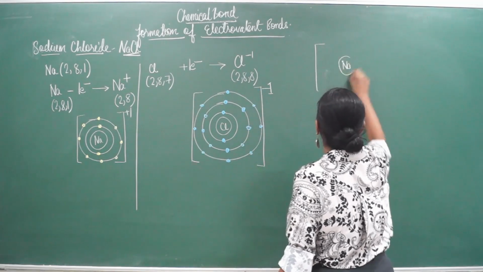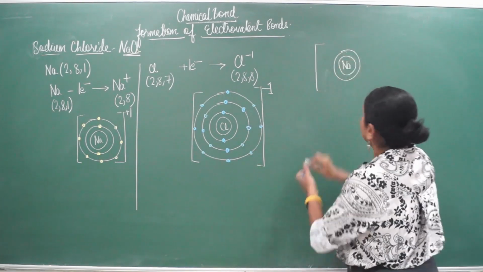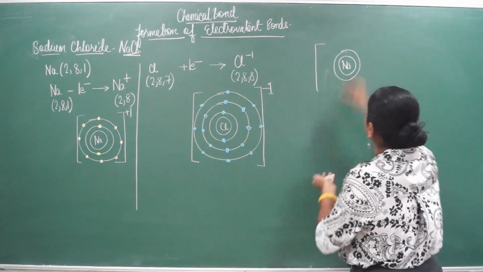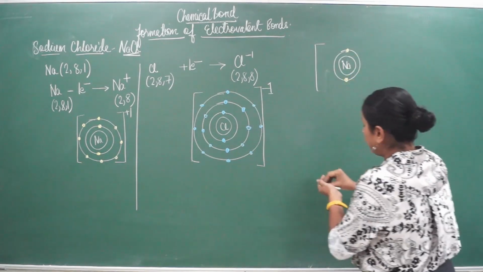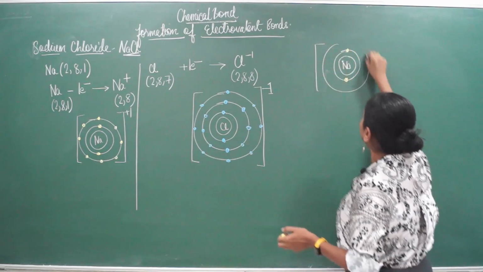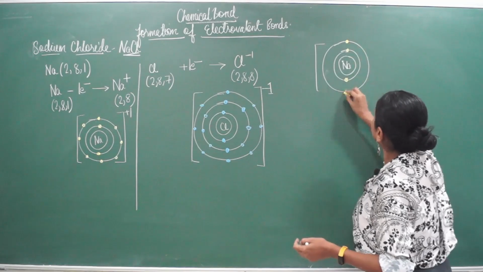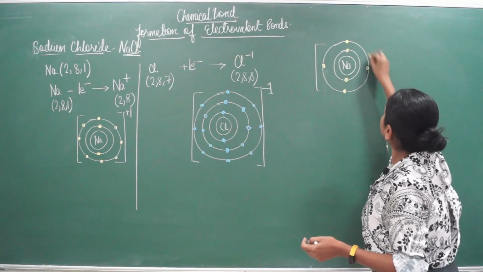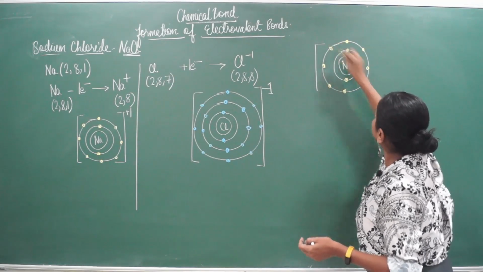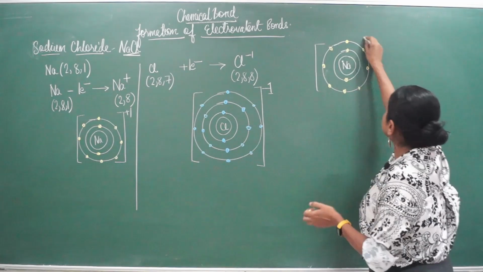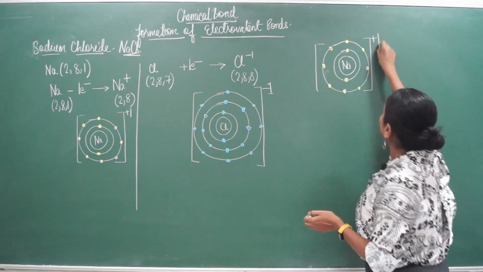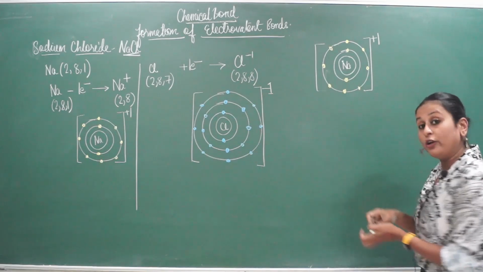Sodium now has 2 electrons in its first shell and 8 electrons in its second shell. And what is the charge? Plus 1.